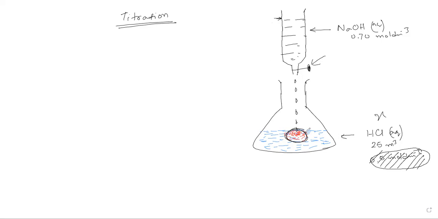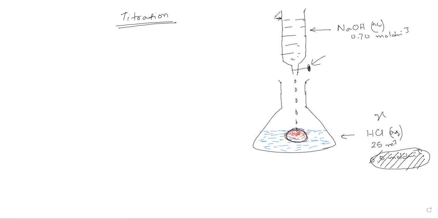This is because we apply color recognizing reagents, for example phenolphthalein, methyl orange. Those are the reagents, or more precisely the indicators.